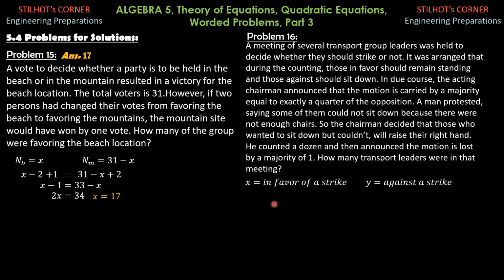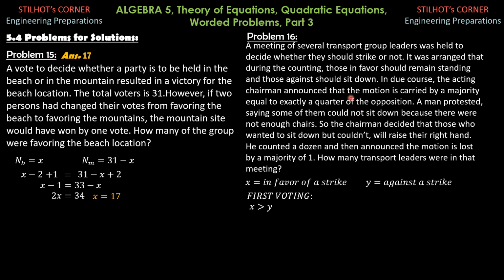During the first voting, this number X is greater than that of Y. Because X is greater than Y, for them to be equal, X should be equal to Y plus 1/4 of Y, as mentioned here, a quarter of the opposition.